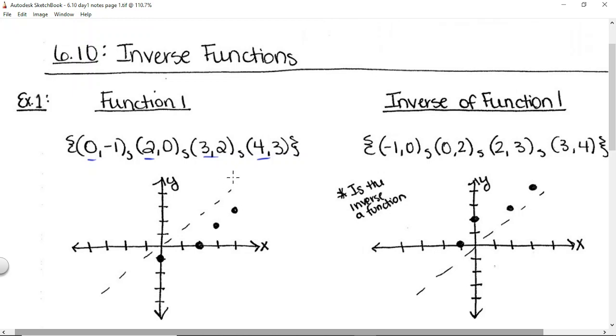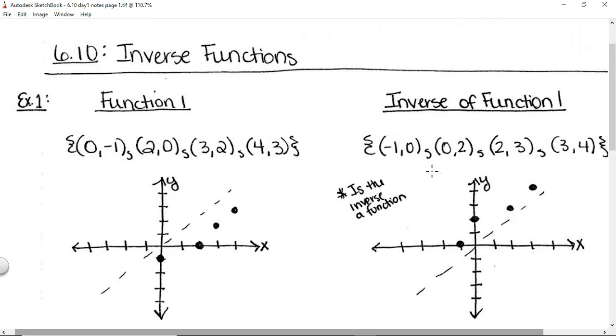So that's a function. Once you take the inverse of that, it may or may not be a function. So in fact, if we look at this inverse of function 1, we see none of those x values repeats, and so it is a function.